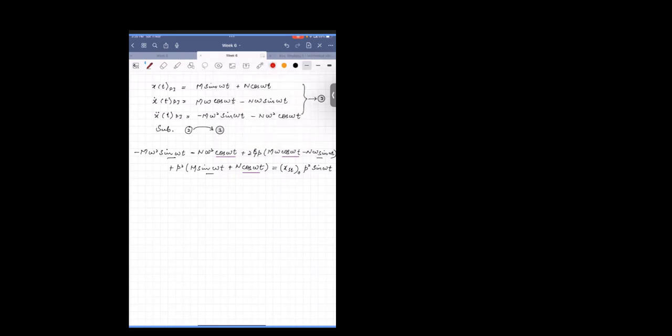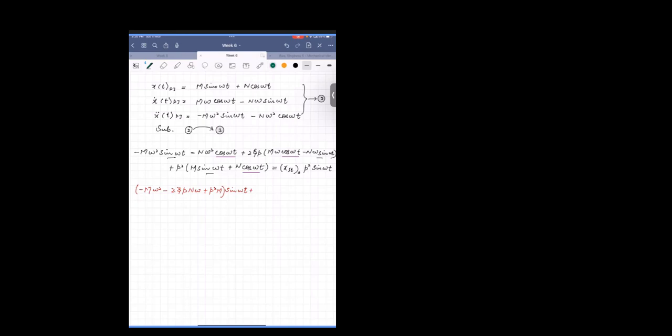I will write here minus m omega square, and then twice theta p n omega, and one more term p square m, and it's associated with sine omega t. Then we will collect terms of cos omega t.